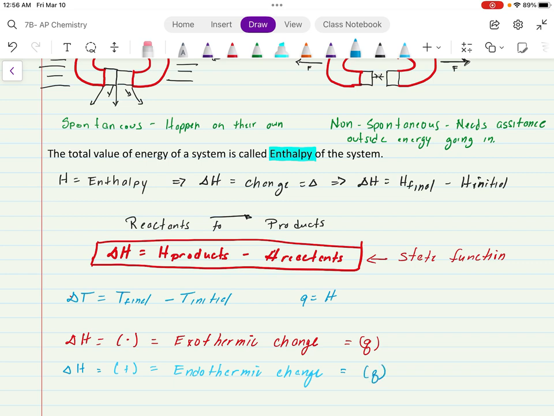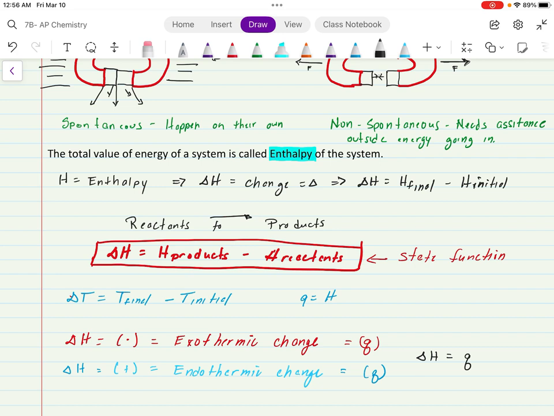So when we're talking about enthalpy, if your enthalpy is positive, you have endothermic. If your enthalpy is negative, then you have your exothermic, okay? Going out to the system. So in short, the change in enthalpy can be construed as the change of heat transferring from one system to the other. Now, remember that energy in the universe is constant.